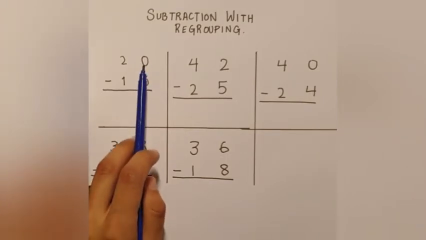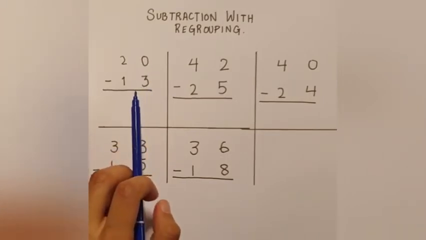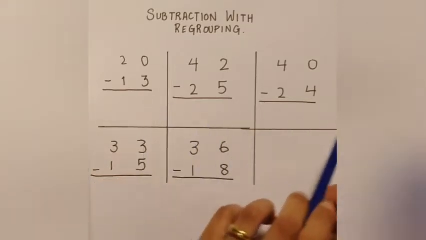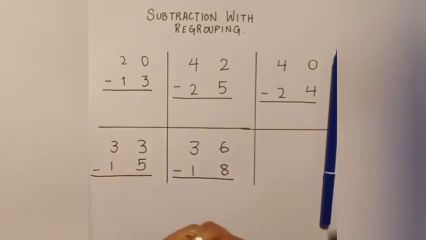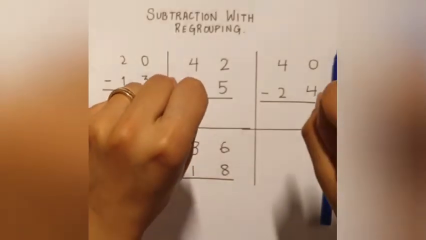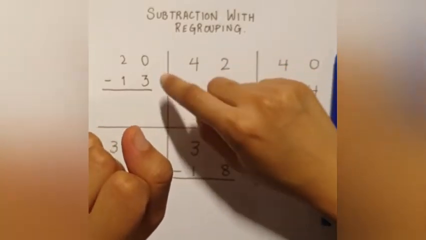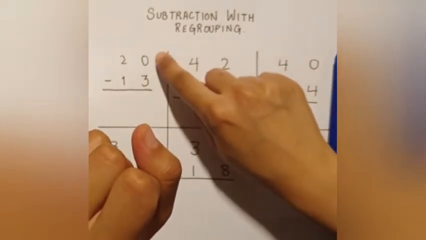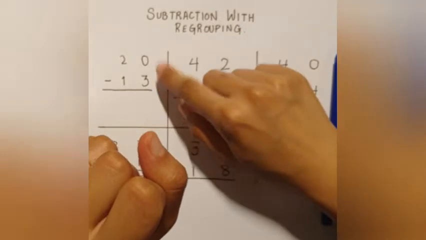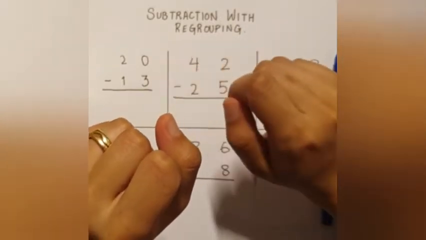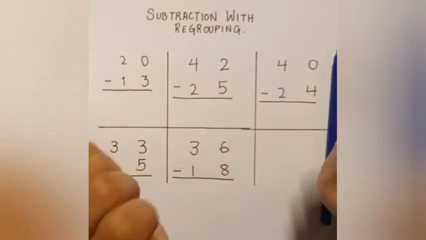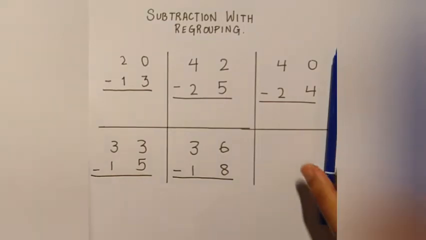Now, the reason why I can't do this 0 minus 3 is that if I start with my hands closed, as we are used to in subtraction, I can't count from 3 to 0 forward. I can't reach 0 forward. So this means that 0 is smaller than 3.